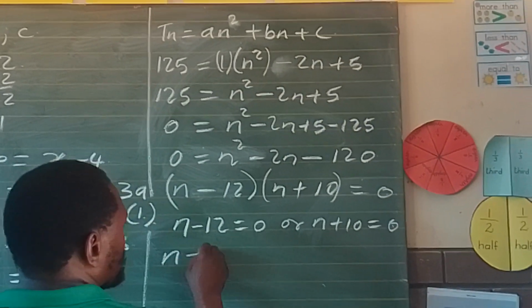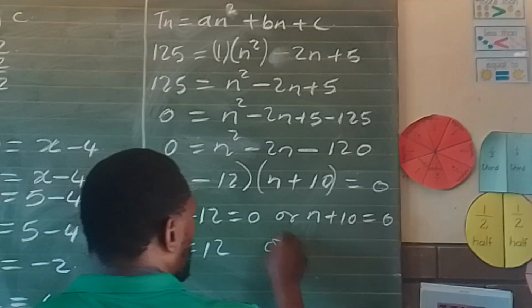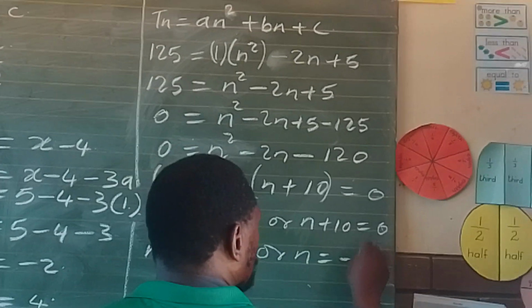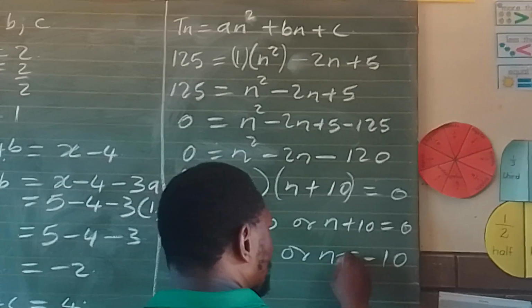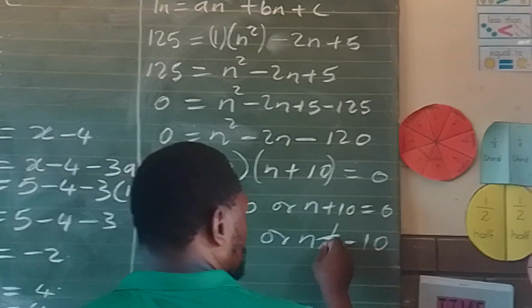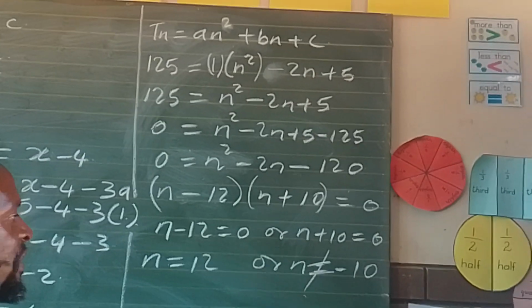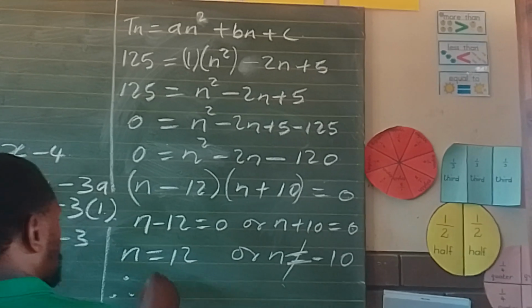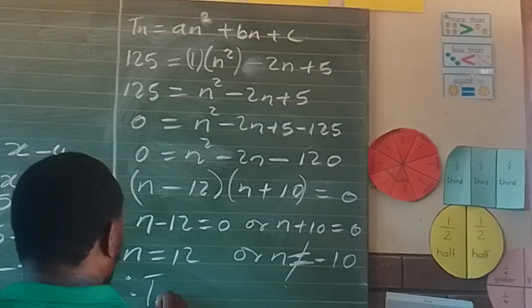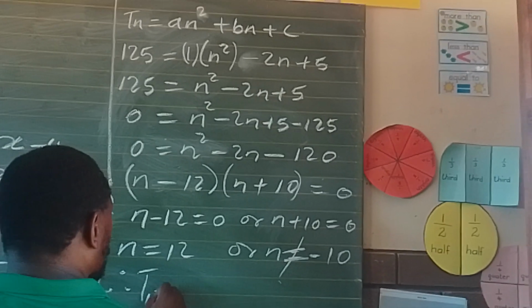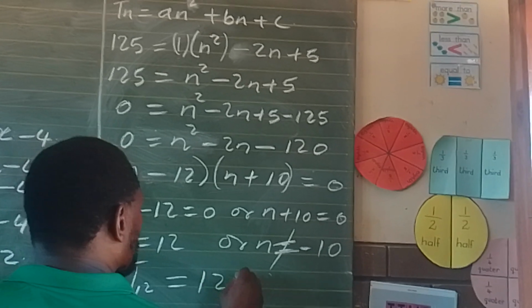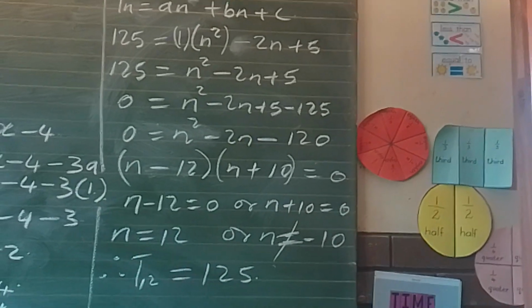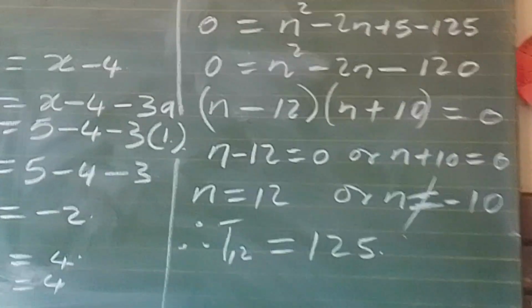Then n is equal to 12, or n is equal to minus 10. This one does not exist. You cannot have a negative term, you have a positive term. Therefore, T12 is equal to 125. You are done. Right?